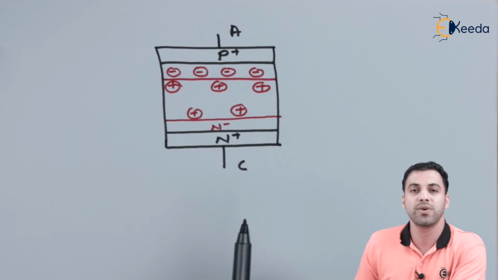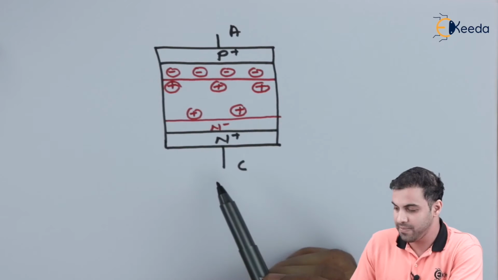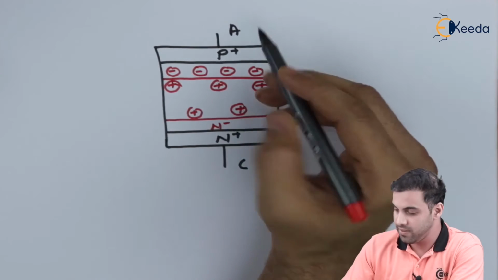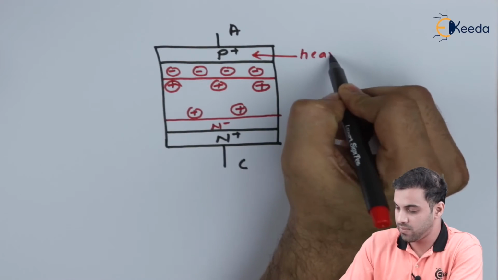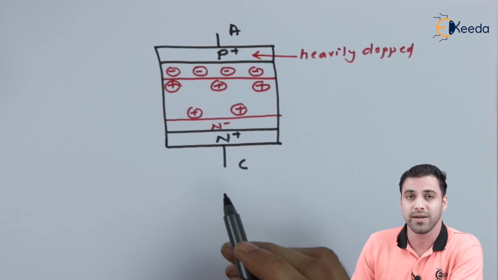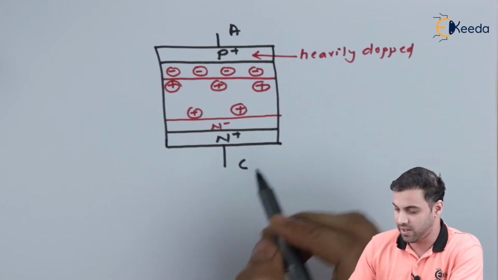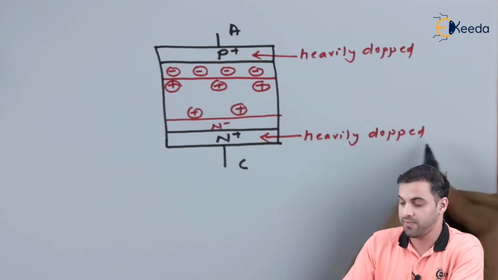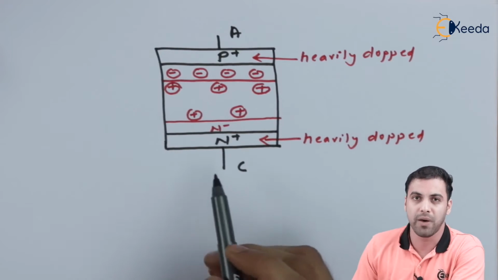As you can all see in this diagram, a heavily doped p-type semiconductor is doped against a heavily doped n-type semiconductor, which forms a power diode.